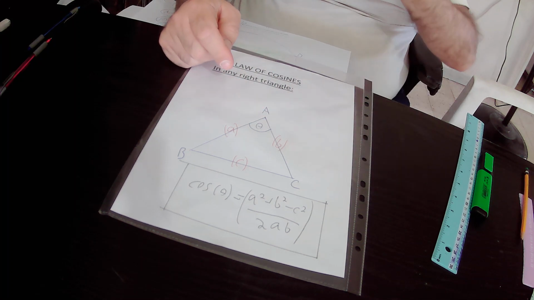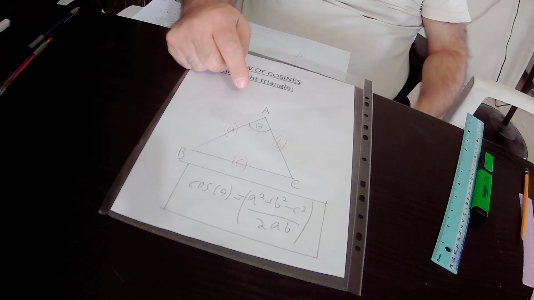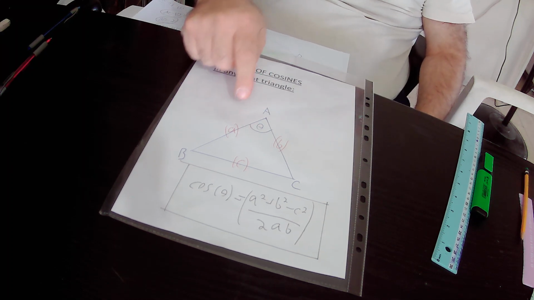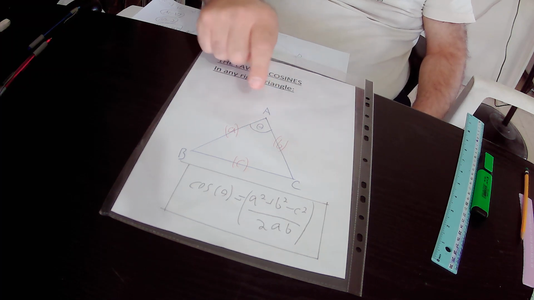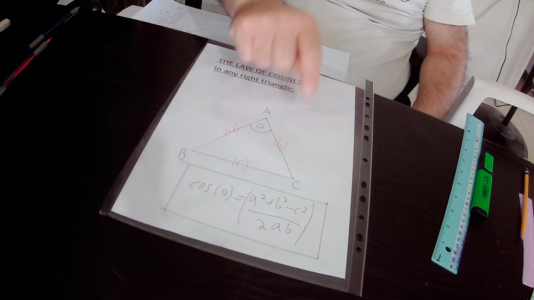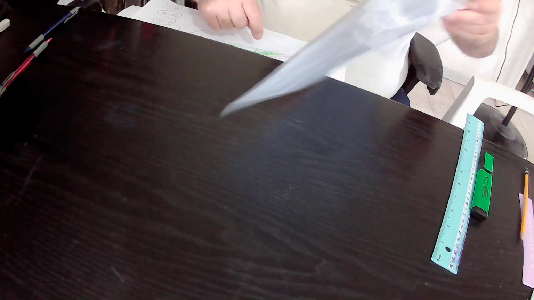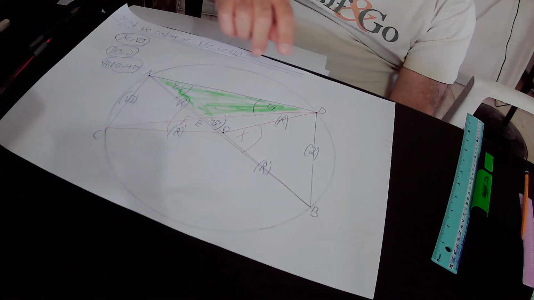According to the law of cosines, in this triangle ABC that could be any triangle, the following equation is true: cosine theta equals A square plus B square minus C square over 2 times A times B. Again, cosine theta equals A square plus B square minus C square over 2AB. We can implement the law of cosines in any triangle, and especially in this triangle BOD.